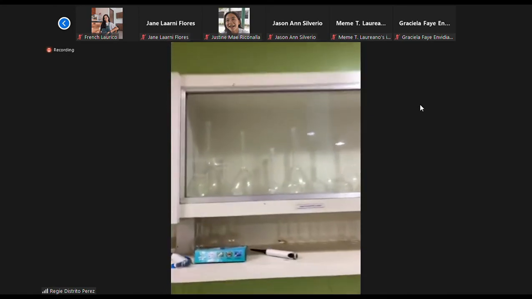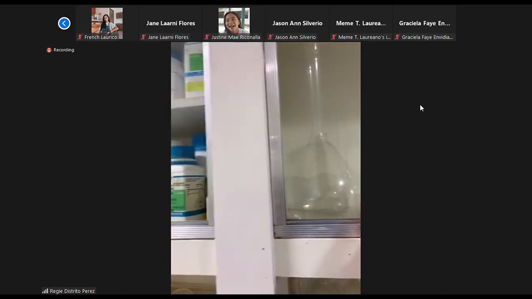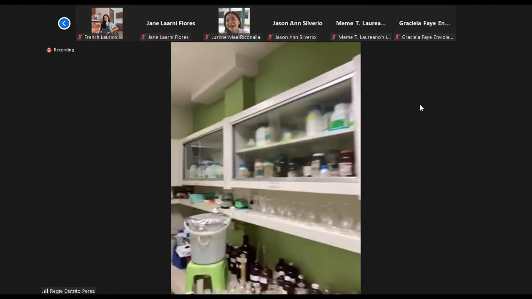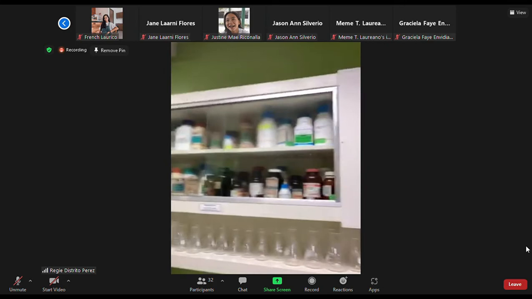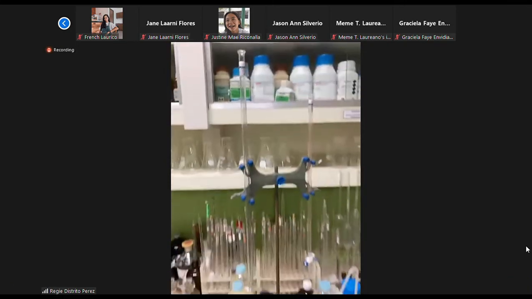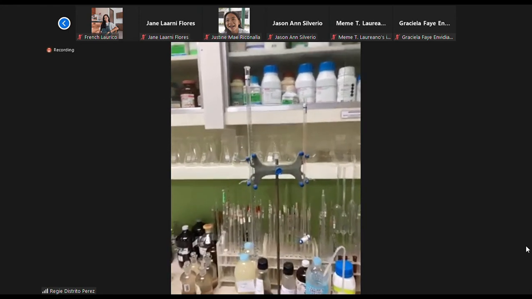And also we have cabinets for volumetric flasks from 250 ml to 2 liters, and another cabinet for different kinds of chemicals sorted by their compatibility, and also the burette used for titration.